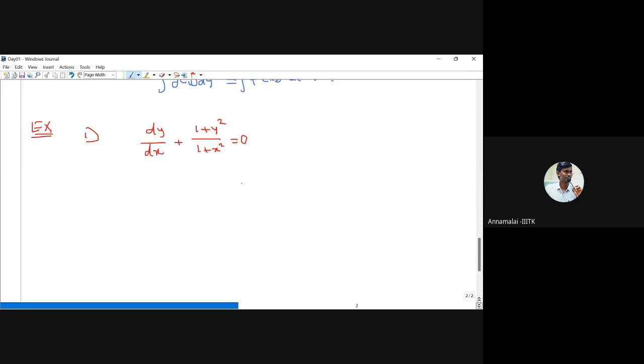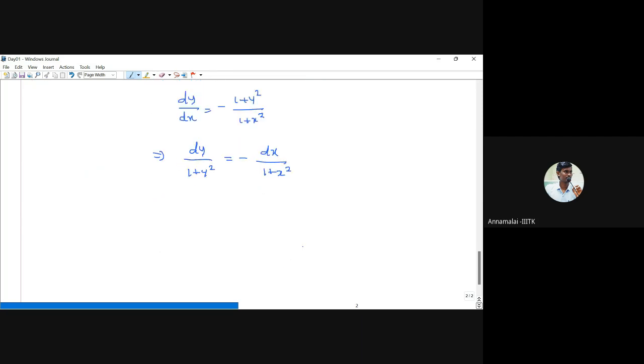Take the term to the other side, we get dy by dx equal to minus (1 plus y square) by (1 plus x square). Now divide by 1 plus y square, we get dy by (1 plus y square) equal to minus dx by (1 plus x square).